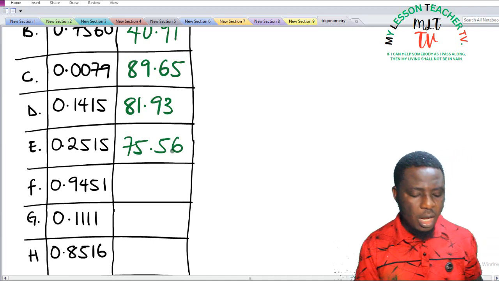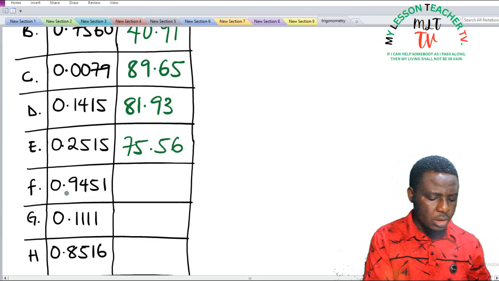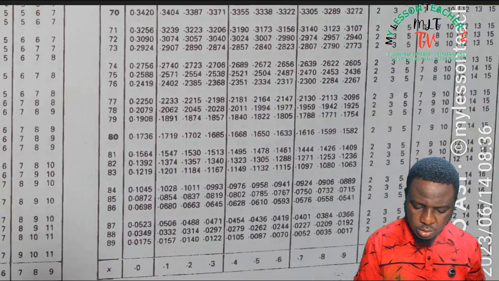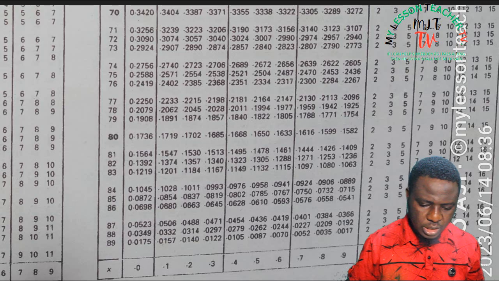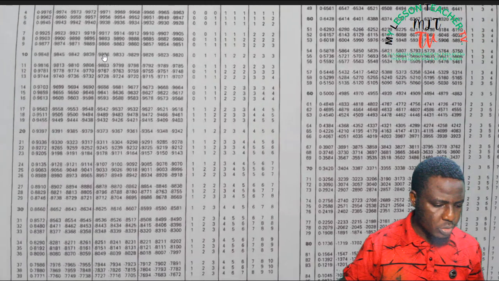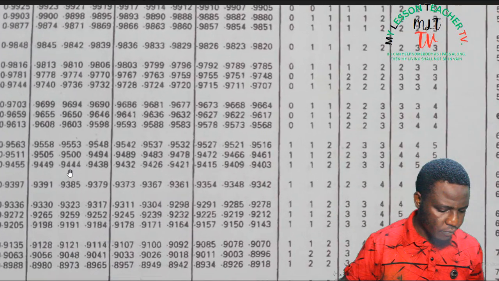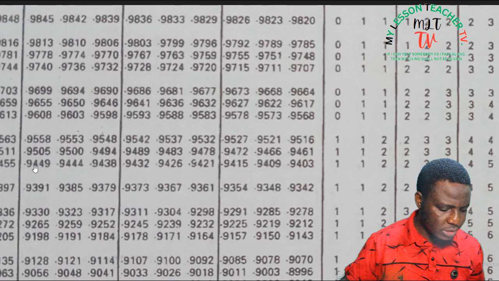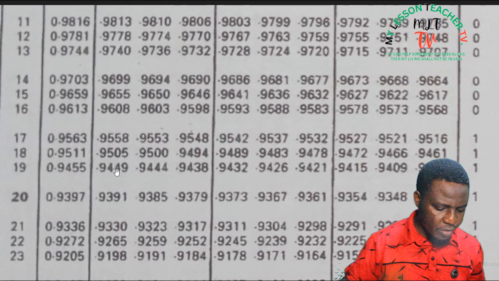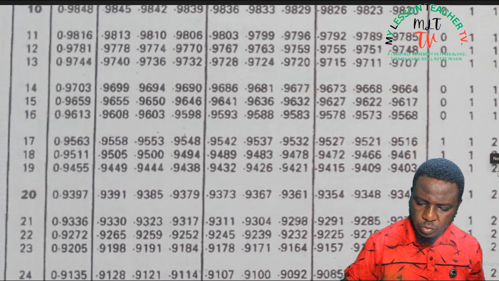While F, we have 0.9451. Go back to your cosine table. 9451 should be closer to 1. This is 9449. A difference of 2 will give me what I'm looking for, and the difference of 2 is under 3.